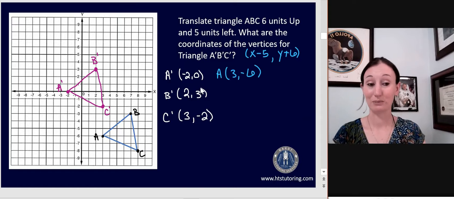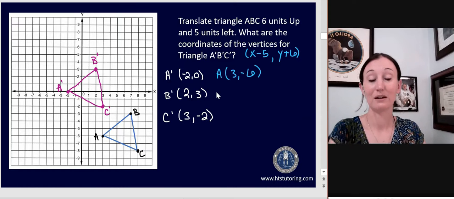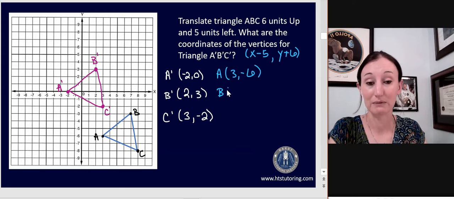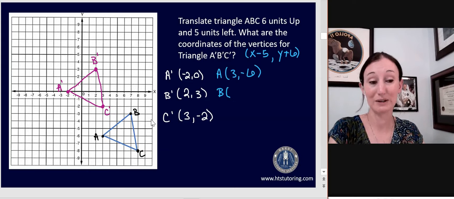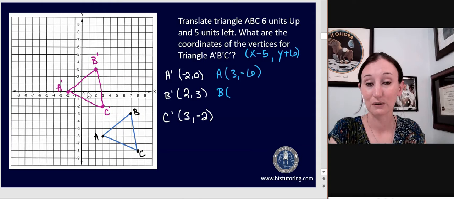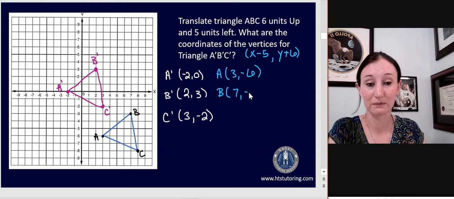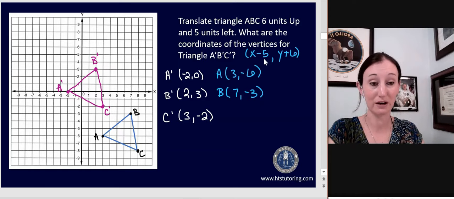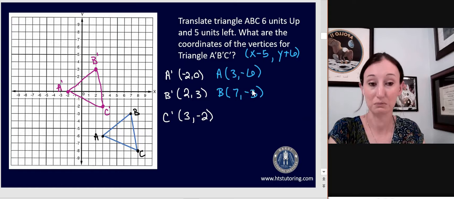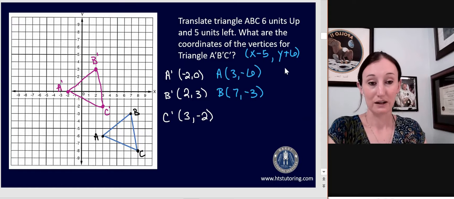So we can do this algebraically, or we can do it by counting. Let's check our B and make sure we counted correctly. Let's say we had (7, -3). 7 minus 5, x minus 5, gives us 2. That's correct. -3 plus 6 gives us 3.